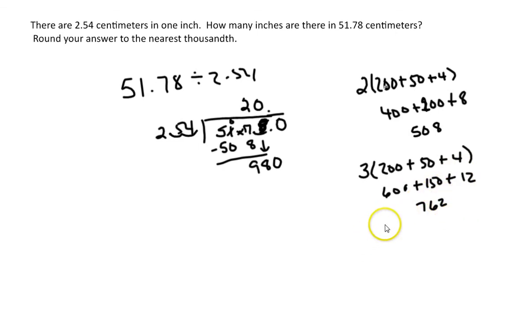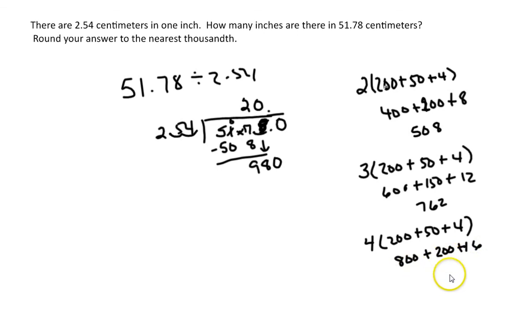Okay, now I think maybe we can try one more. Let's try 4 times 200 plus 50 plus 4 makes 800 plus 4 times 50 is 200 plus 16. So that's too much. That's 1016. So it goes in there 3 times.